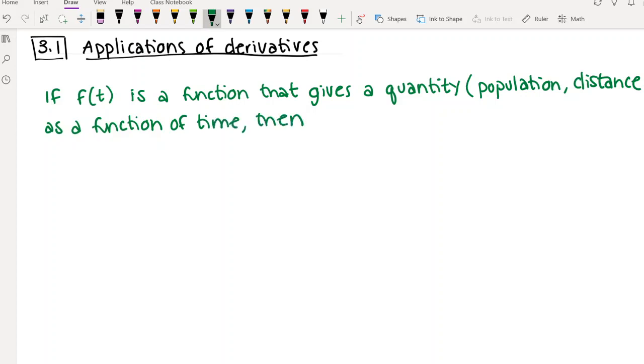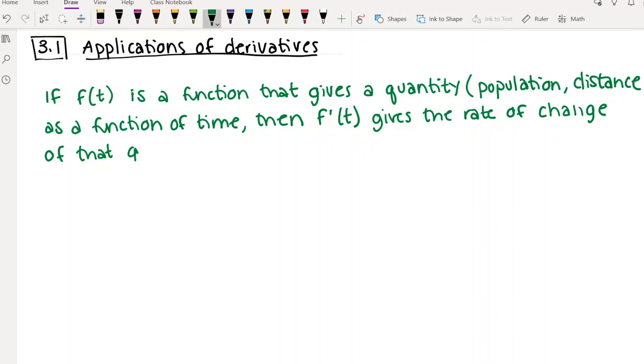Then its derivative function, f prime of t, gives you the rate of change of that quantity as a function of time.